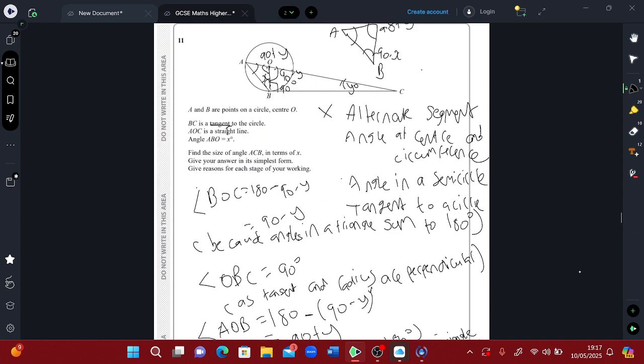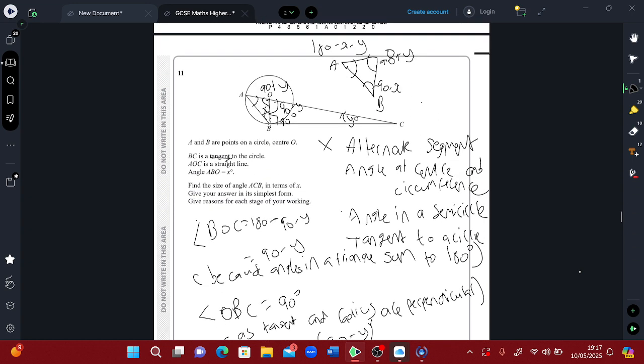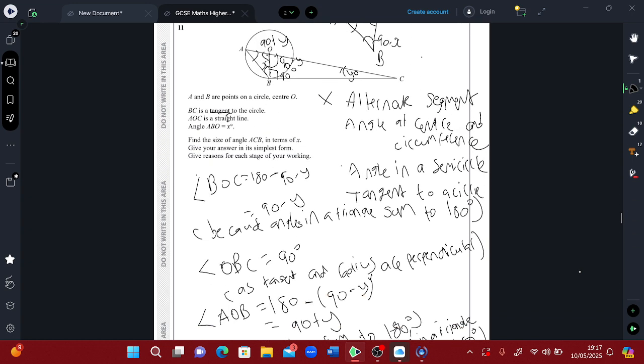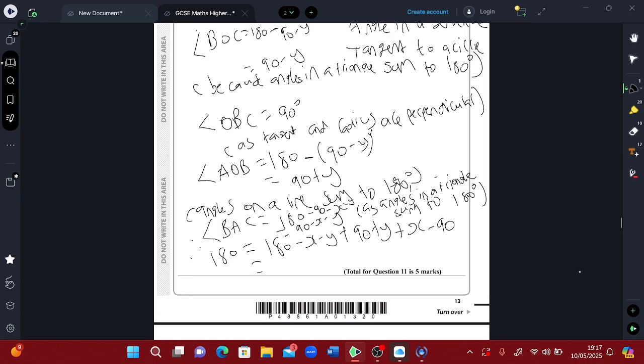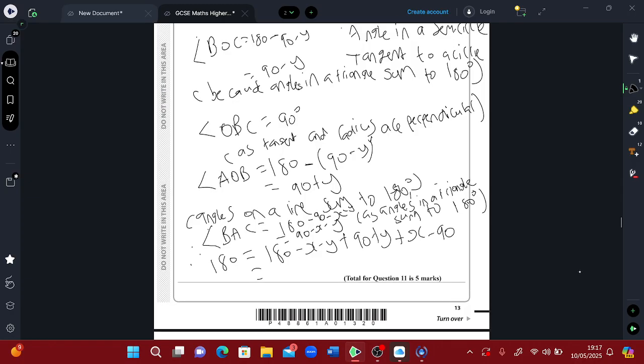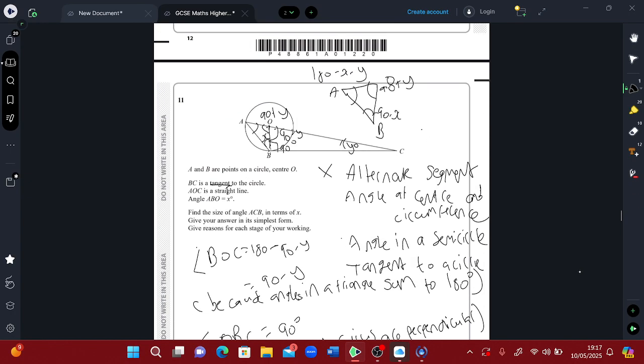And therefore, if we consider the small triangle ABO, again, that same angle, BAC, all we know is 180 is going to be them all added together, right? So it's going to be BAO.